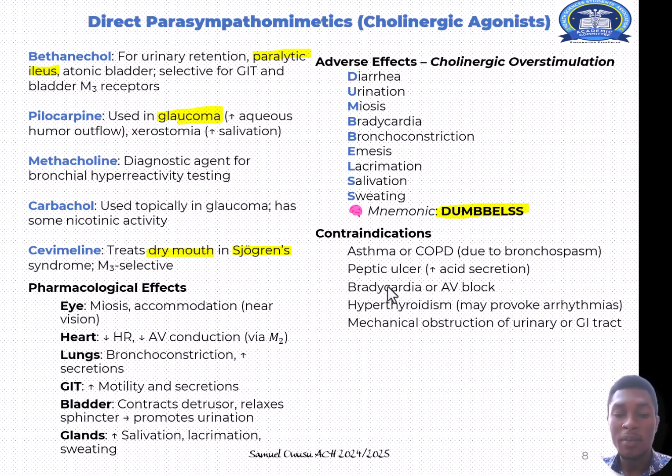And then in the heart, if a patient comes and is having bradycardia or AV block, you don't want to give these agents because they are going to decrease the heart rate as well. There's also hyperthyroidism, because it's going to provoke arrhythmias, and then mechanical obstruction of the urinary or GI tract. You don't want to give these agents to those patients.